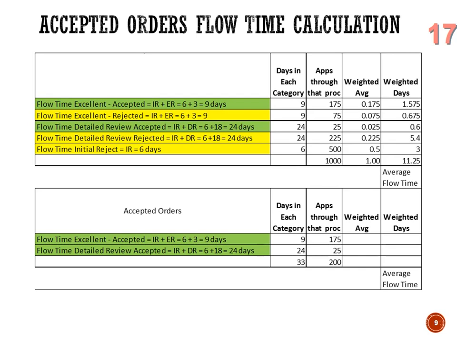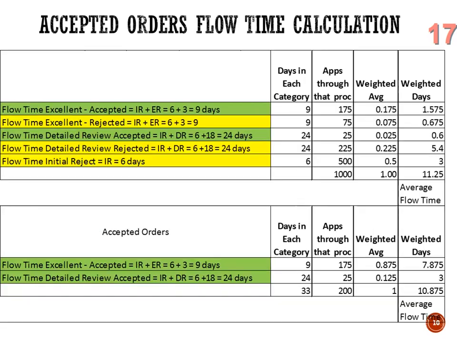And so we do that same approach. We can take that weighted average approach here, and we can have 9 and 24 and 175 and 25. Gives us our days in each category, right, and gives us our throughput. And so we can calculate the weighted average, right?